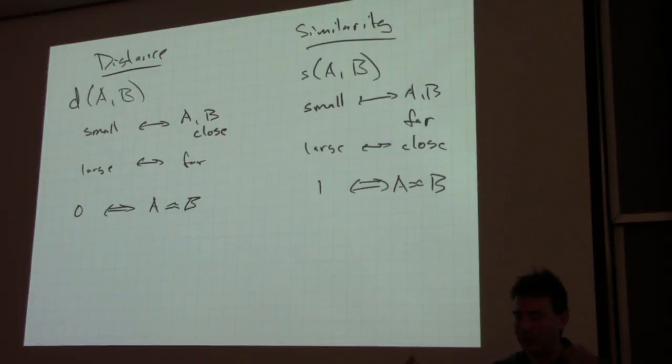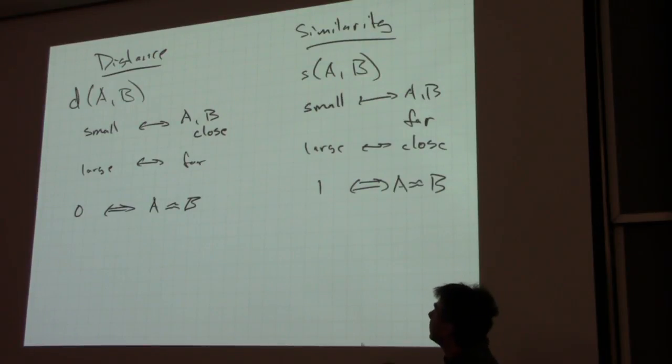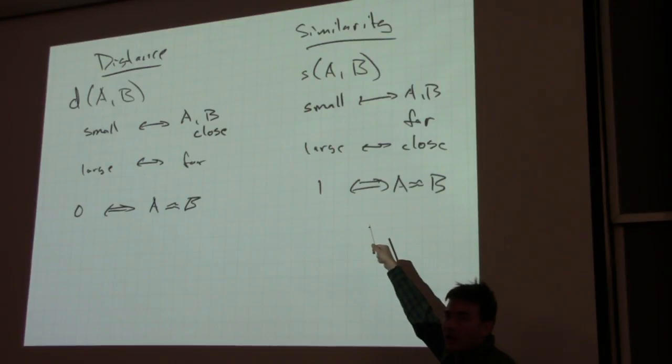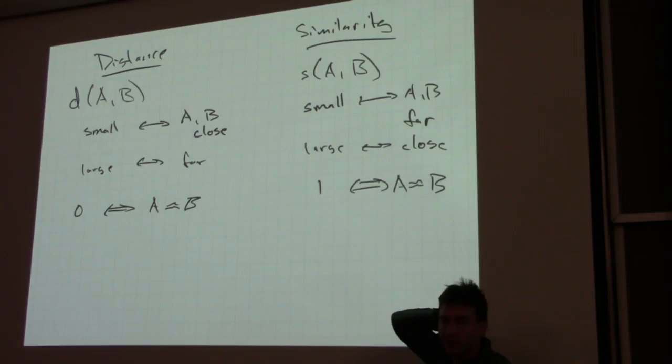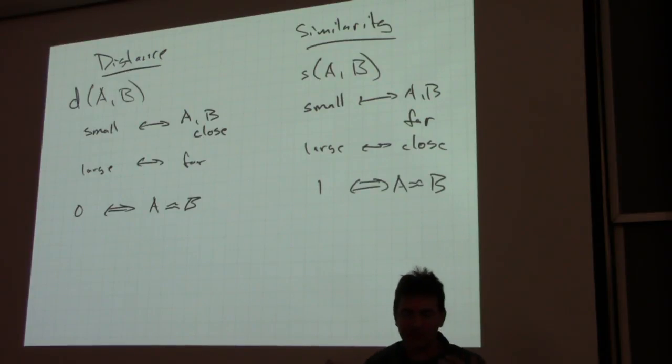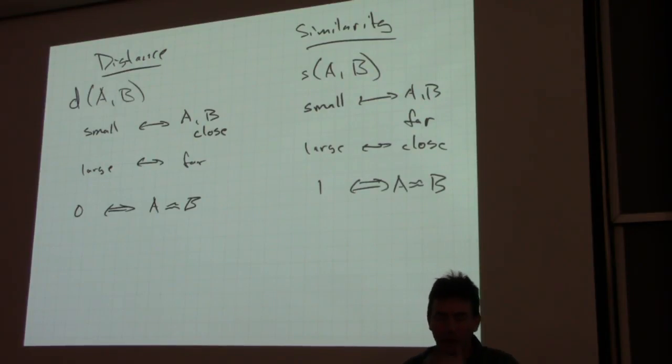Sometimes the similarity can be really large, much larger than 1. It can be a very large number, and that means they're very similar to each other. It's not always so clear.